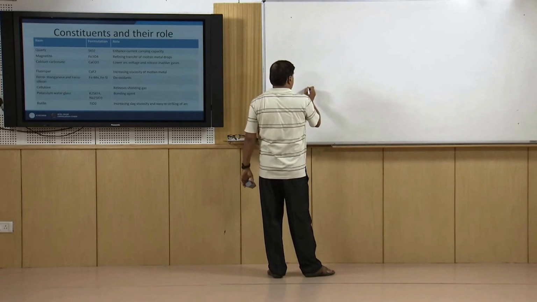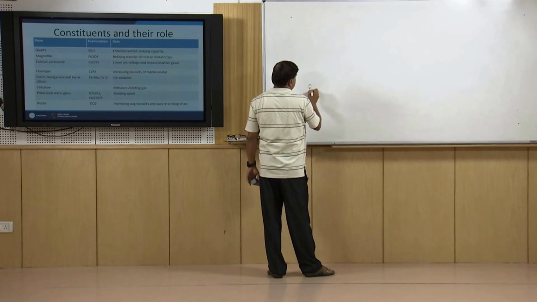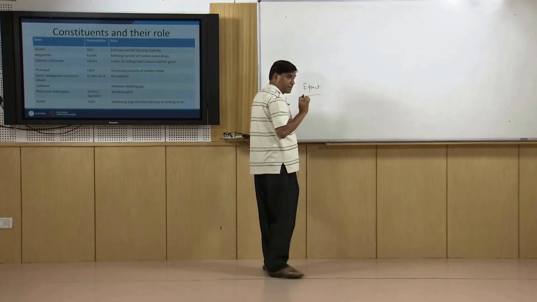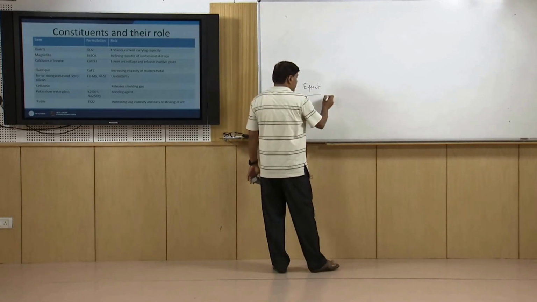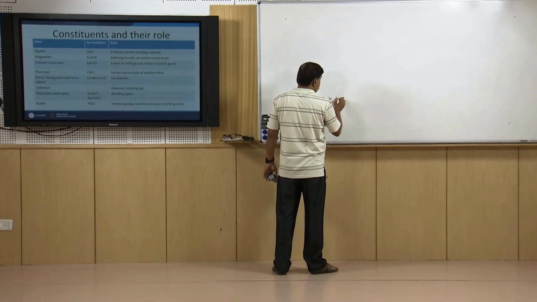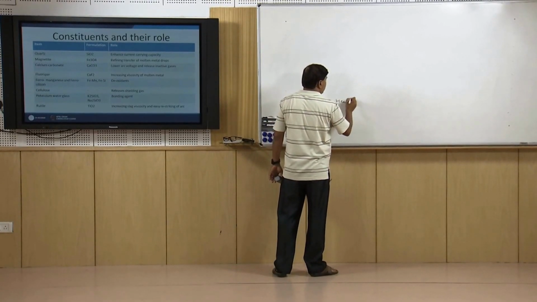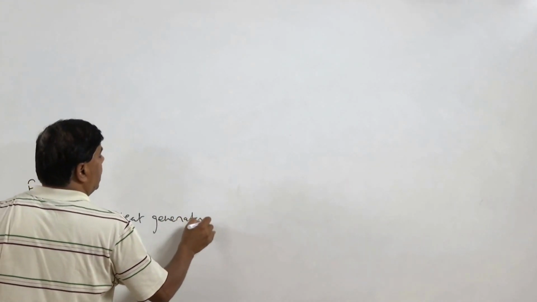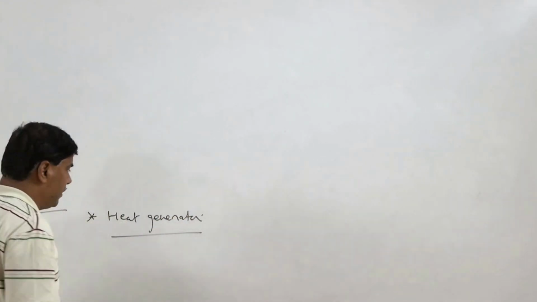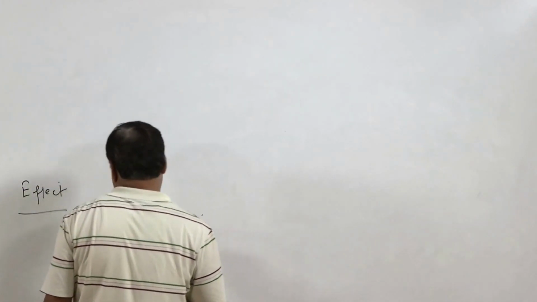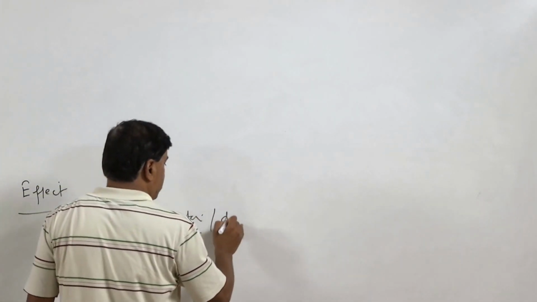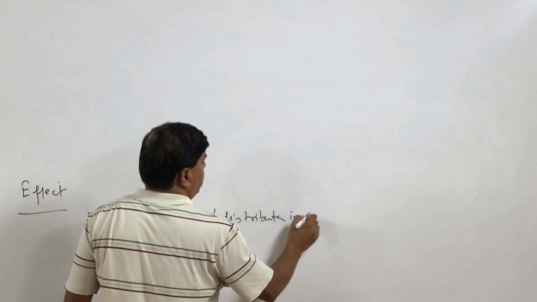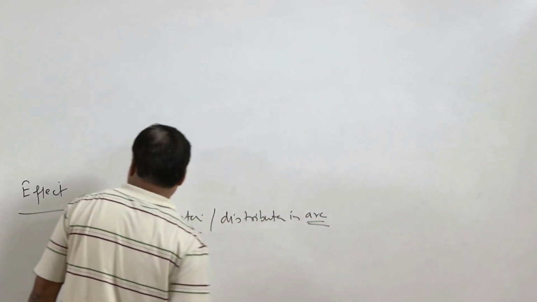So, what is the effect of polarity? Polarity affects three things in a very big way. One is the heat generation or distribution during the welding arc.